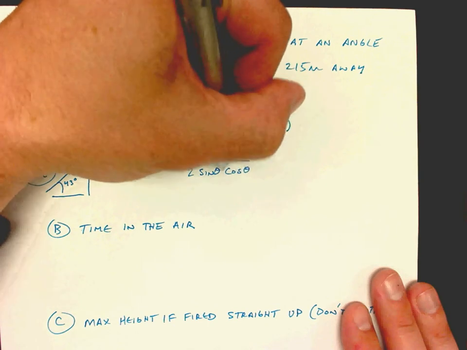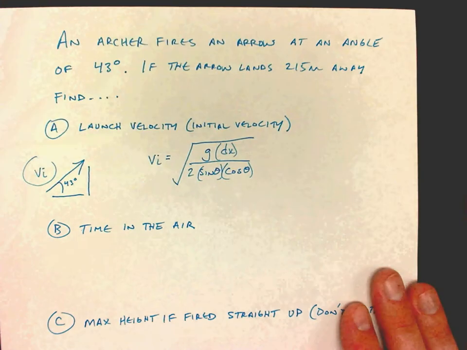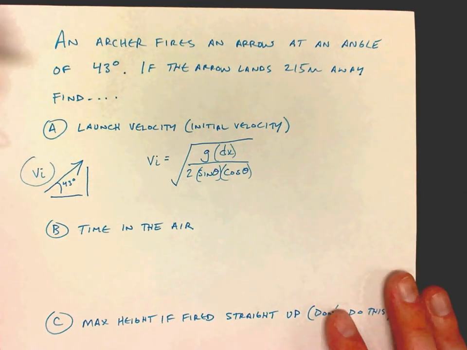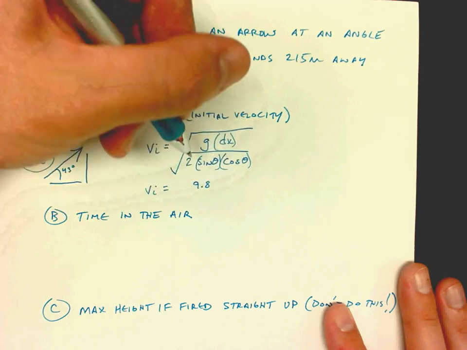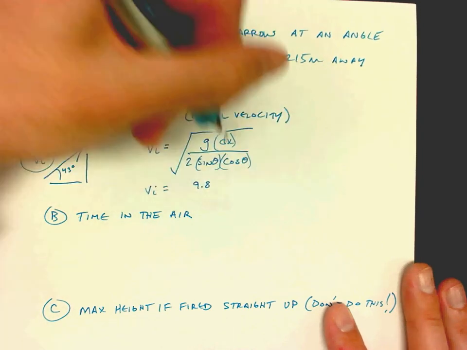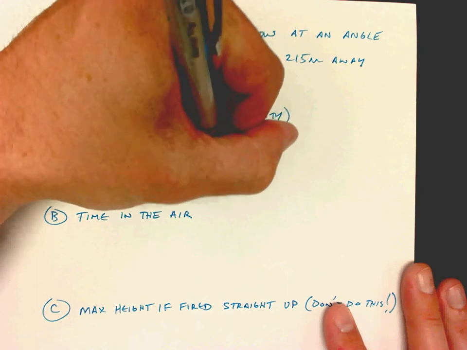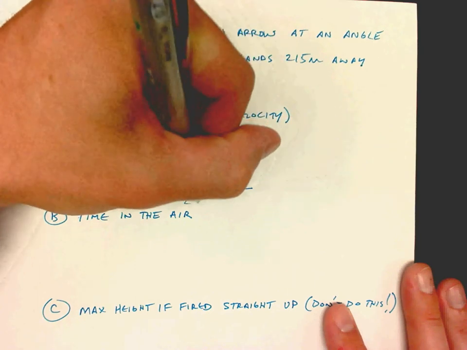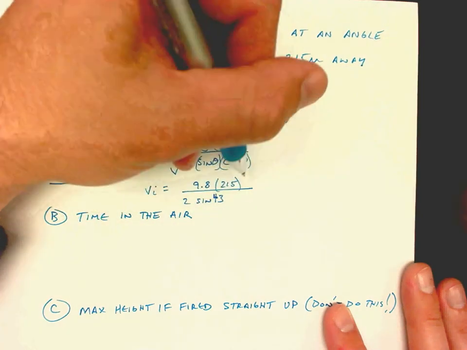Takes a little getting used to, kind of a weird equation, and then actually plug some values in, which I'll do down here. We're going to enter g as a positive, so we don't end up with a negative underneath this radical. We got dx. This thing goes 215 meters. Then we got sine of our angle, which is 43, and cosine of our angle, 43.